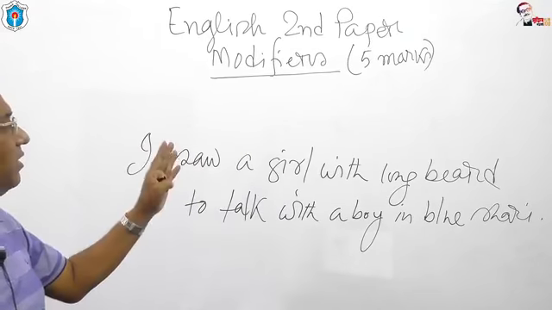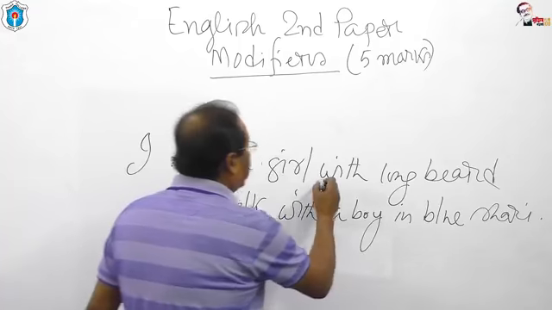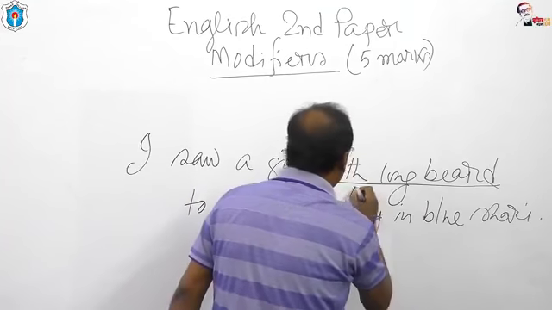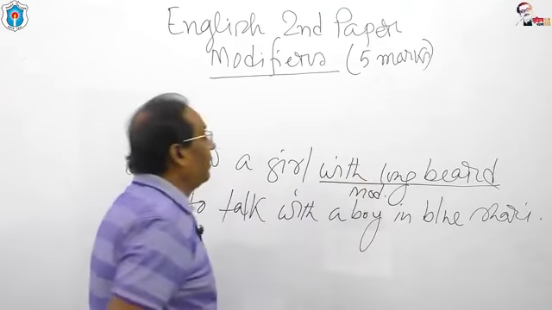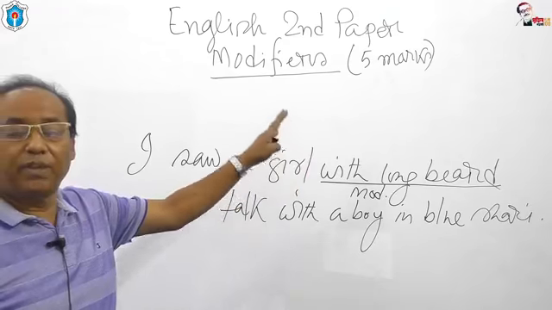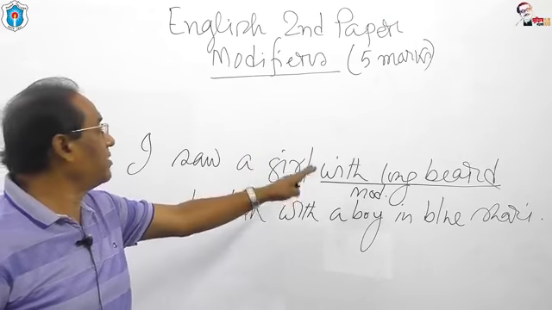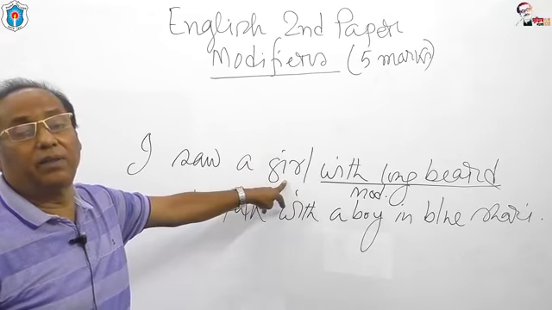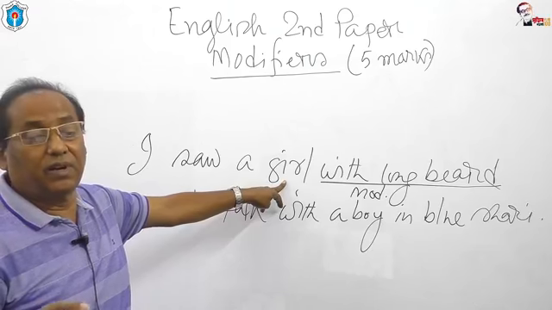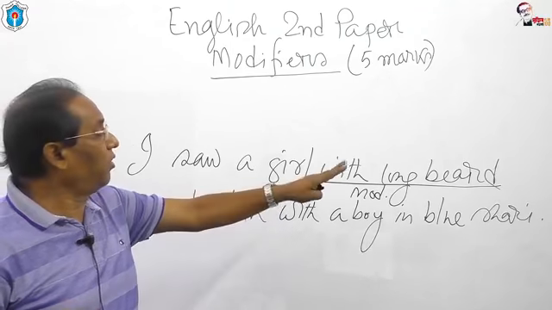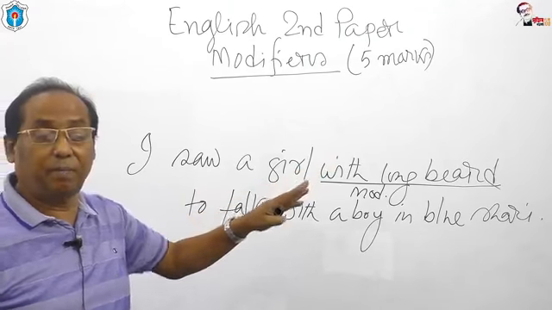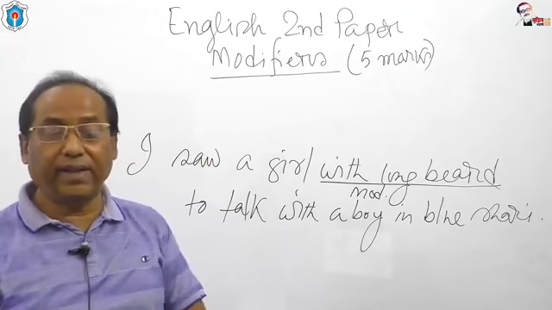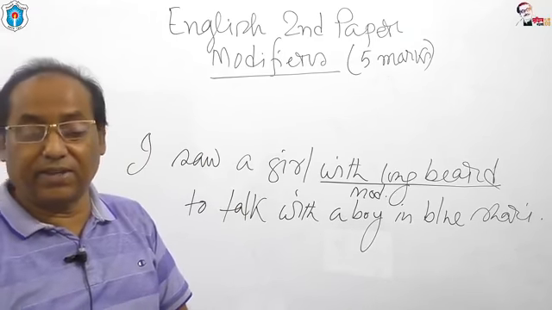I saw a girl with long beard. This is a modifier. In fact, it is a phrase. This phrase modifies girl. Girl with long beard মানে কি লম্বা দাড়িওয়ালা মেয়েকে দেখেছিলাম.